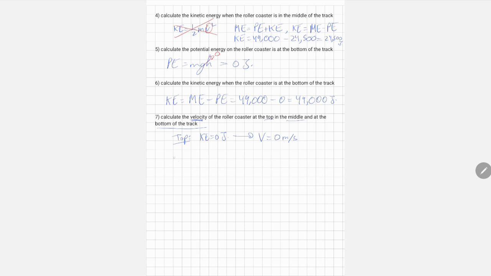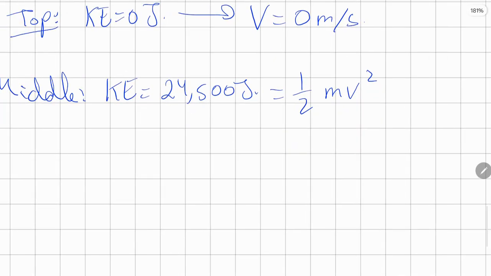Next, we look at the middle of the track, and we remember that the kinetic energy was 24,500 joules, based on the earlier exercise. Knowing this, we're going to use the formula half mv squared, and manipulate it so that we can get the velocity.